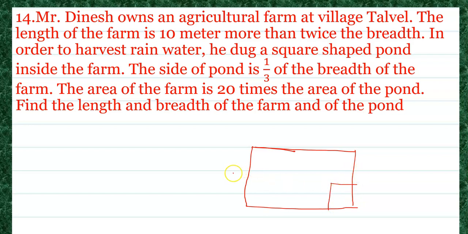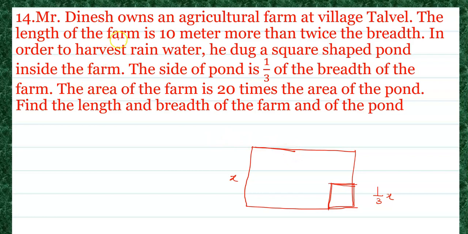If you take x as the breadth, the pond is a square shape and its side is 1/3x. It's a square, and its side is 1/3 the breadth of this rectangular field. And what about the length?